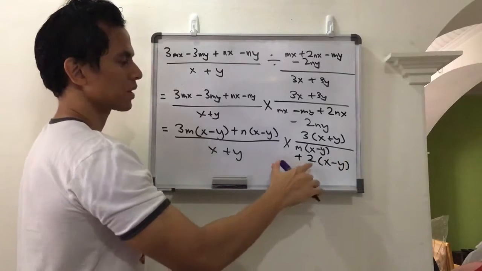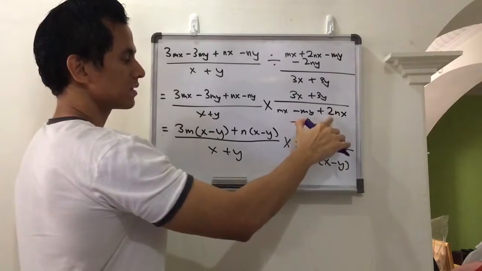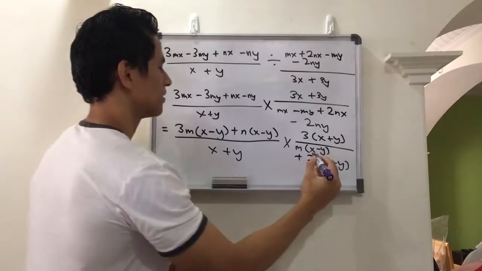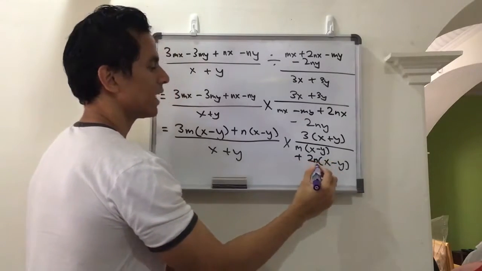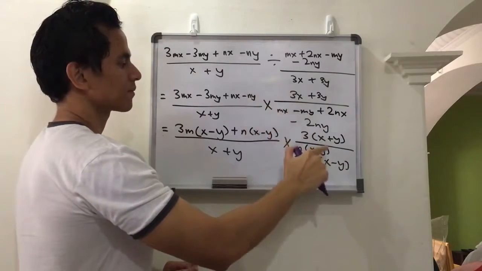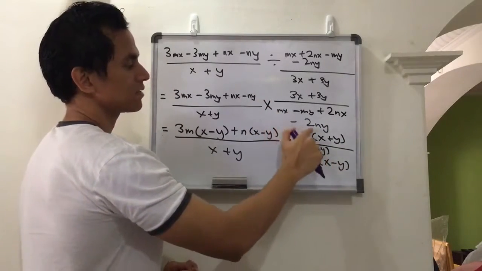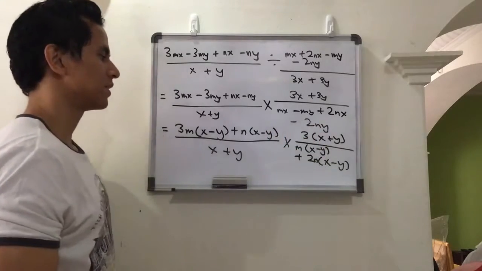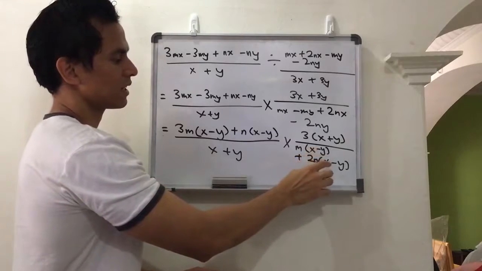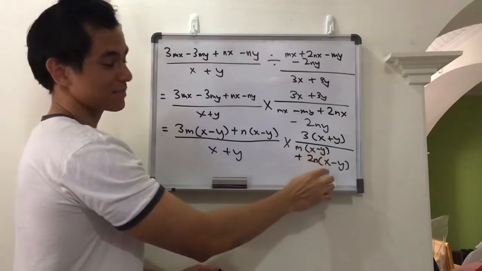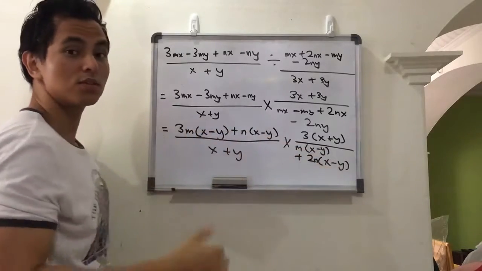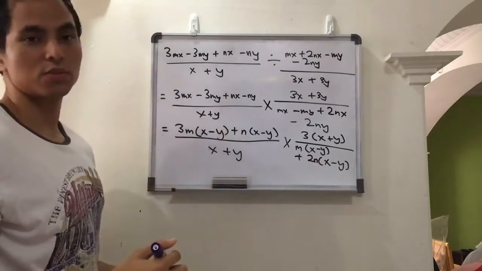You see, because 2 times x is giving us, oh sorry, I should pull out 2n, not just 2. So 2n times x is giving us 2nx, and 2n times negative y giving us minus 2ny. Okay, so it's good because there's x minus y here, x minus y here, x minus y here, x minus y here. So they're all the same. These 4 terms are the same.